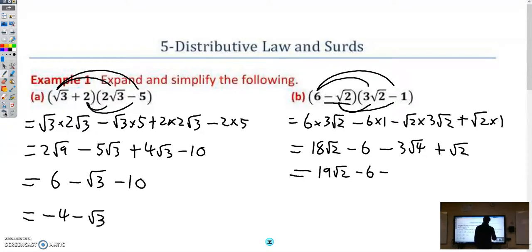So minus 3 times 2 will be minus 6. Finally, we have two constants, minus 6 and minus 6. And if you have 19√2, if you take away 6 from -6, you'll end up with -12. That is your final solution.